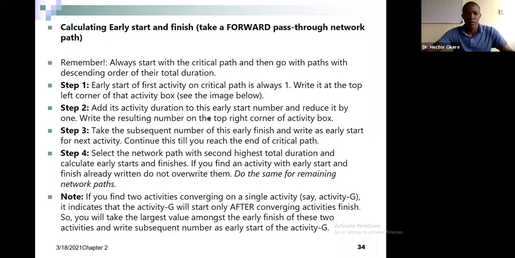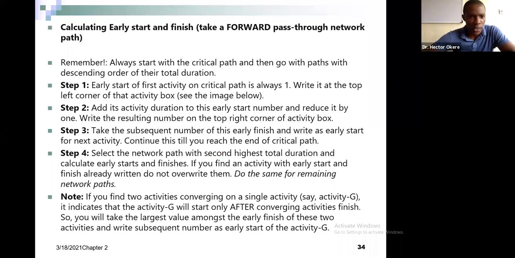So we don't have time anymore, so we will just try and make it fast. All right, so share screen.